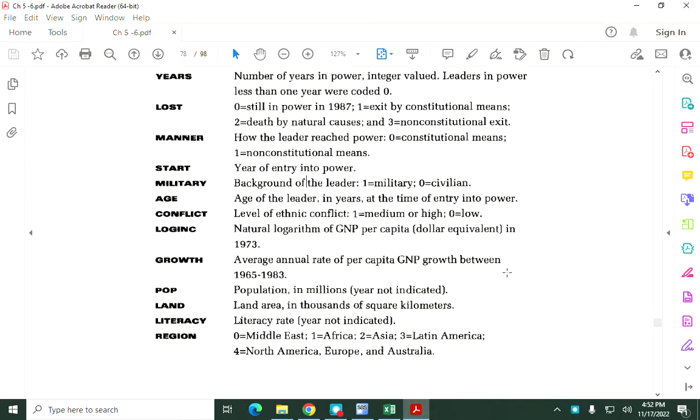Okay, population. Large population versus small populations, to have problems. Okay, where are the large populations? Name a few largest populations in the world, countries.